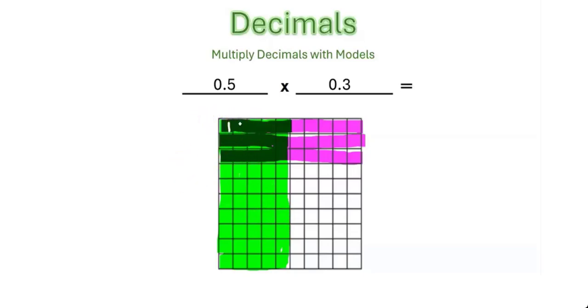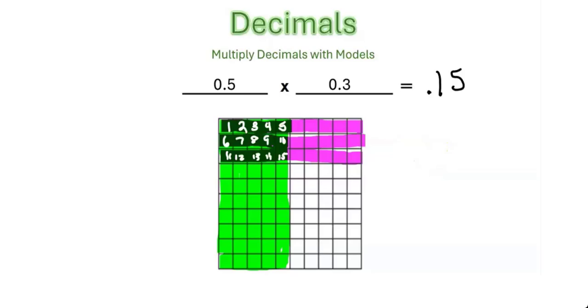So this would be 1, 2, 3, 4, 5, 6, 7, 8, 9, 10, 11, 12, 13, 14, 15. So the answer is 15 hundredths, because remember I counted little squares. So it's 15 hundredths.